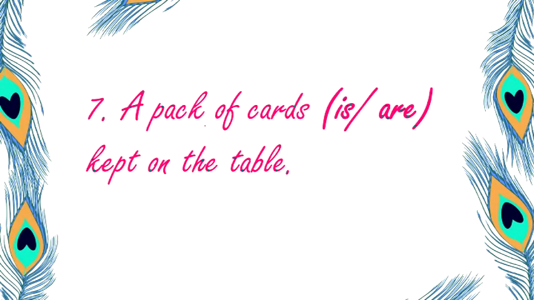Dear children, you have to learn all these things. Okay, they are the rules, that collective nouns are taken as singular subject. So the verb will also be singular, and is is a singular verb. So the answer is a pack of cards is kept on the table. Okay.